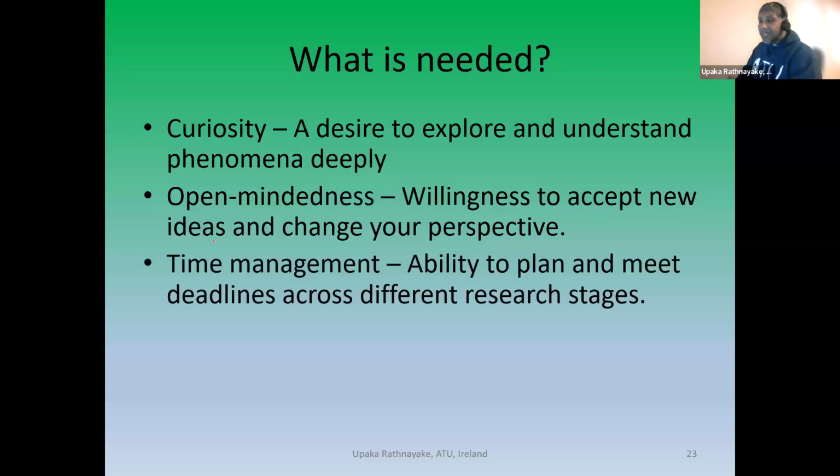So the time management is very important. I'm not asking you to have a Gantt chart for everything, but you should be knowing that time management is very important. Suppose that you are working on a particular problem and trying to give some outcomes within a couple of months. You need to keep that target.